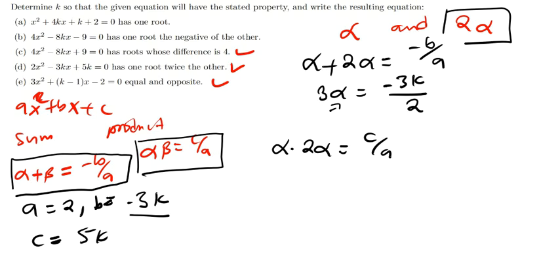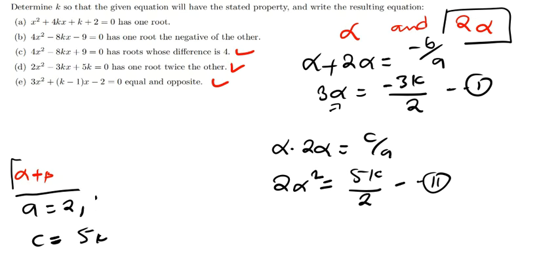So alpha times 2 alpha, it is not 3, but it is 2 alpha squared. That should be equal to, what is my c? My c is 5k. My a is 2. Does that make sense? Now, I have got two equations. This is equation 1, this is equation 2. Now I no longer need this part.